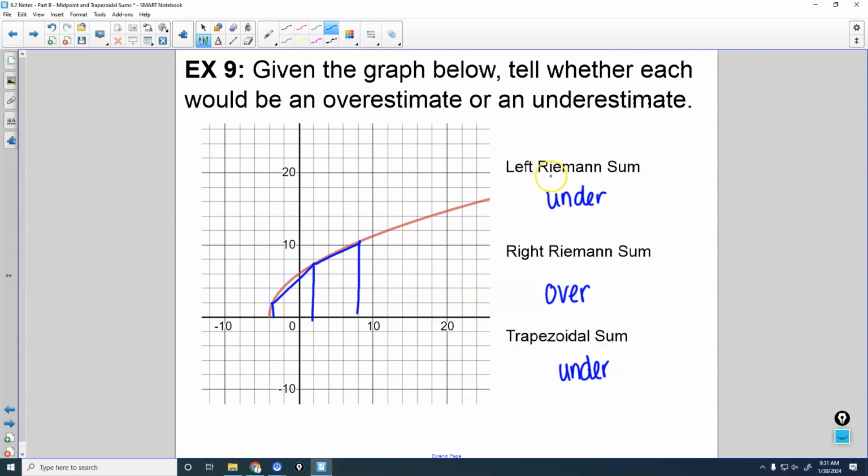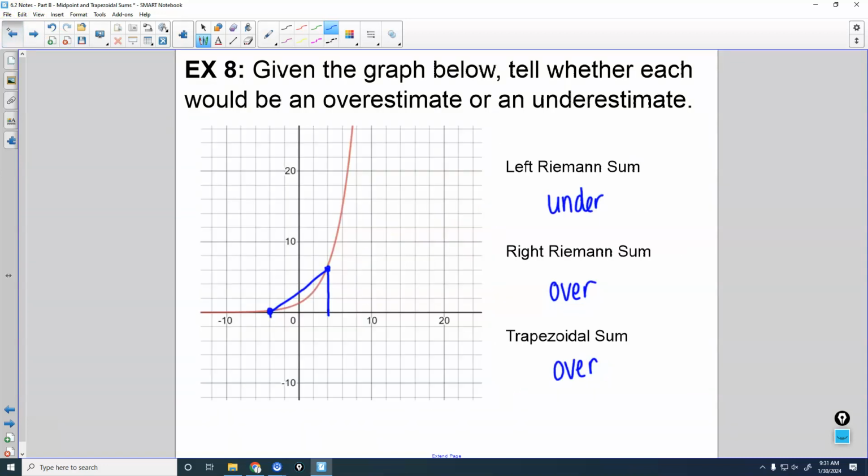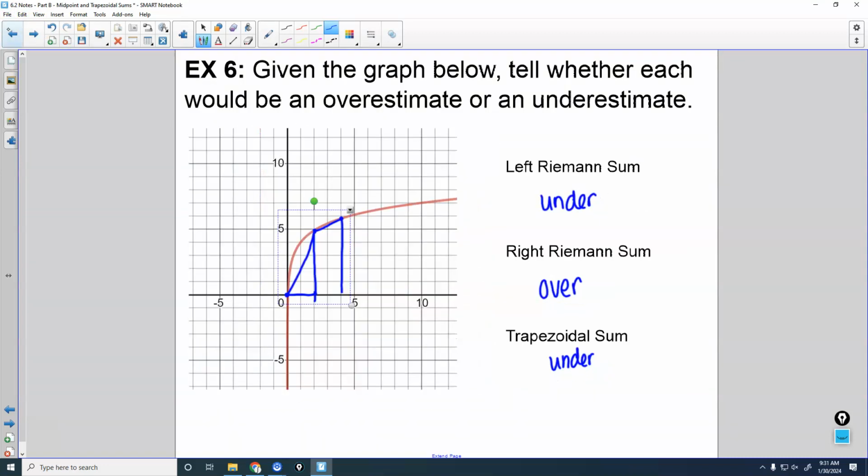So, we said yesterday with left and right, concavity didn't matter, right? It was just increasing or decreasing that mattered. However, if we go back and consider our trapezoidal, let's look at what happened. Here we were increasing concave down, right? I'm going to write that down. Increasing concave down, and we had an underestimate.